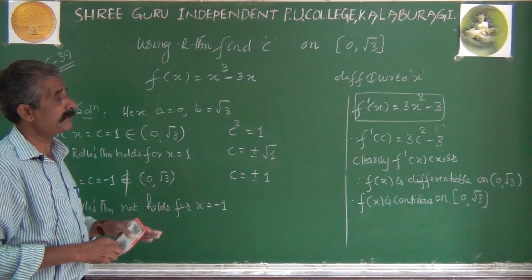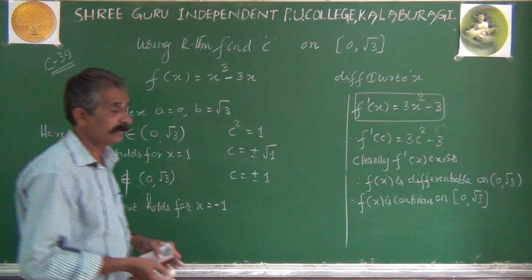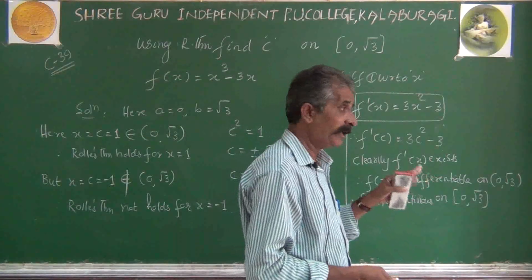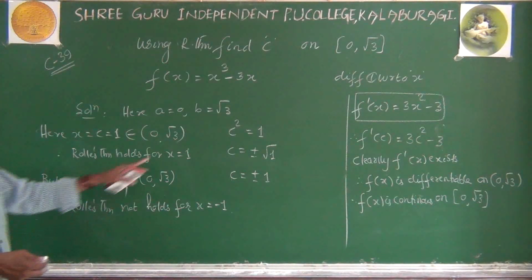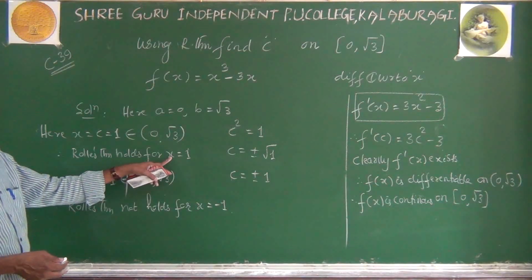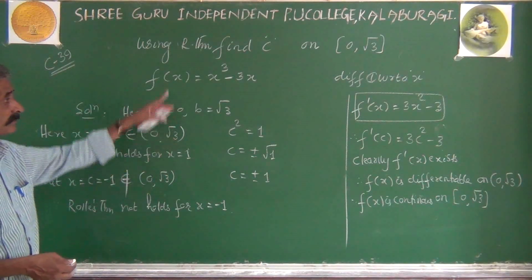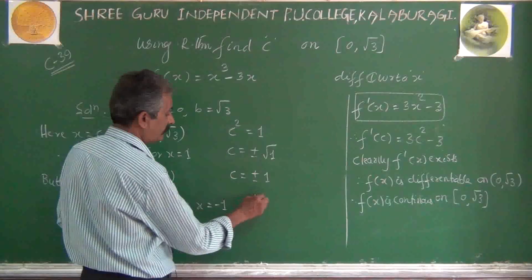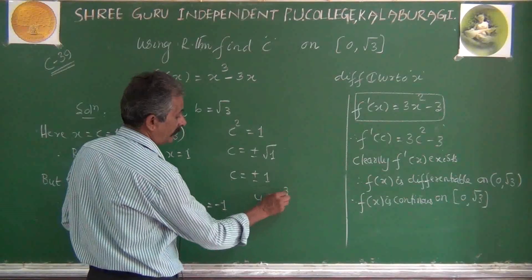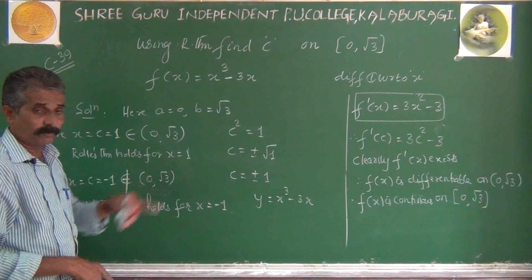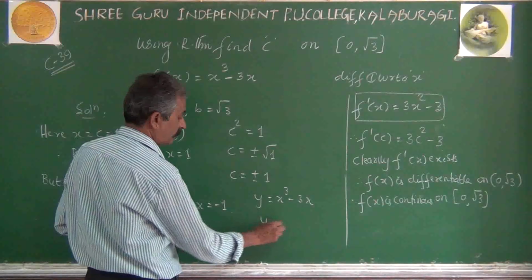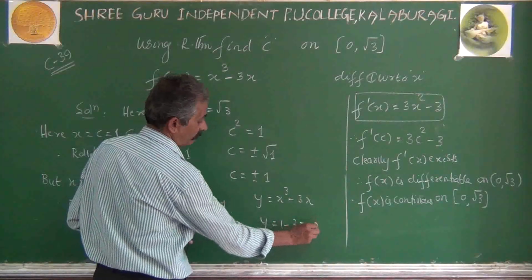Suppose the question is to find a point on the curve using Rolle's theorem. That means for this value of x, Rolle's theorem holds; using this value of x, get y. y equals x cube minus 3x. For x equal to 1, put x equal to 1 here, y becomes 1 minus 3, that is minus 2.